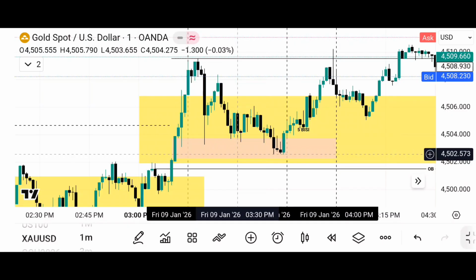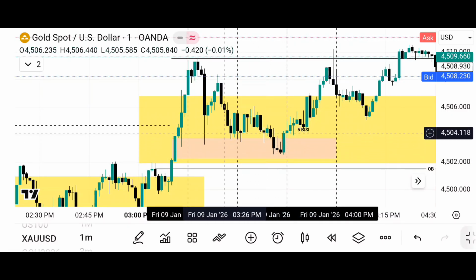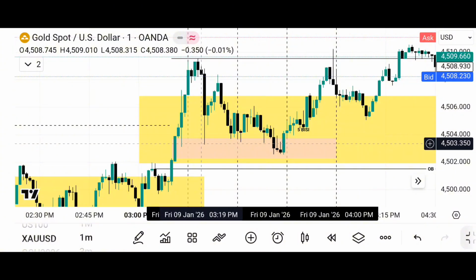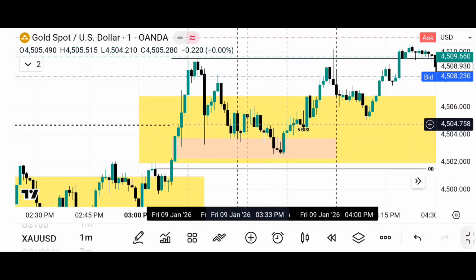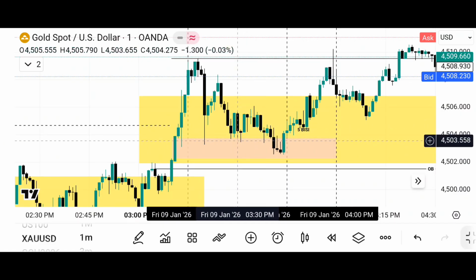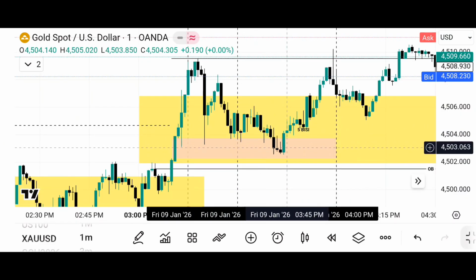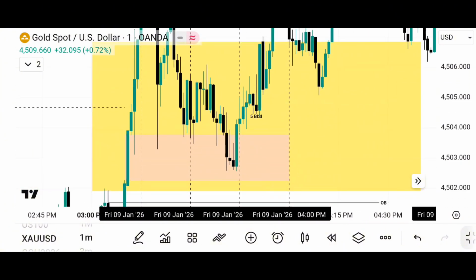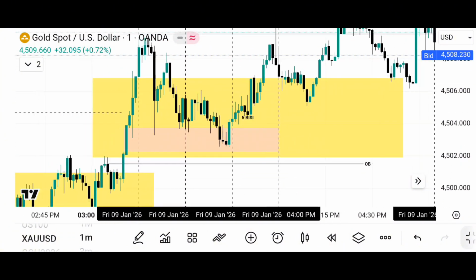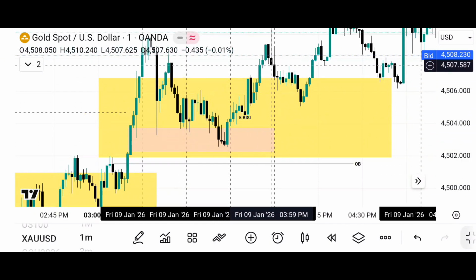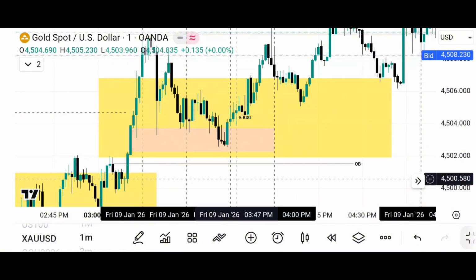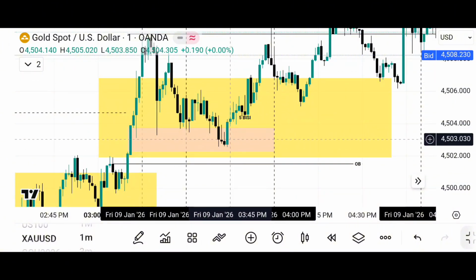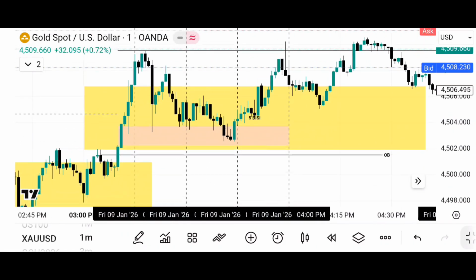And at 3:30, exactly at 3:30, price already traded into the fair value gap earlier at 3:13 and 3:20. At 3:30, it traded into it again. At 3:45, you can see price still close to the 1 minute fair value gap. Then at 4 o'clock, price had already rallied up. So at 3:30 and 3:45, there are actually opportunities to go long at this particular price leg.